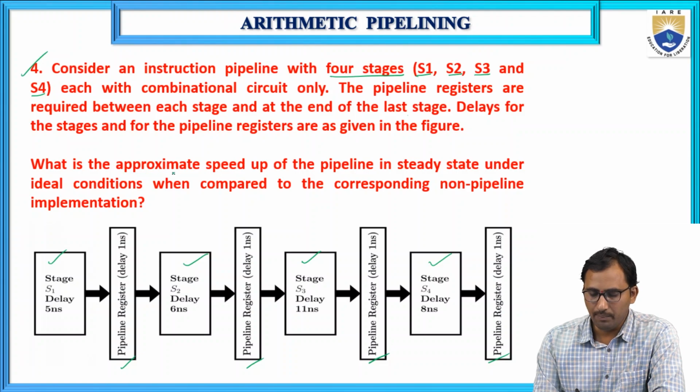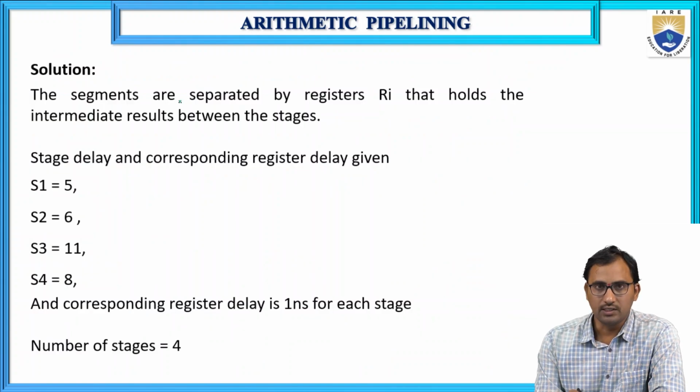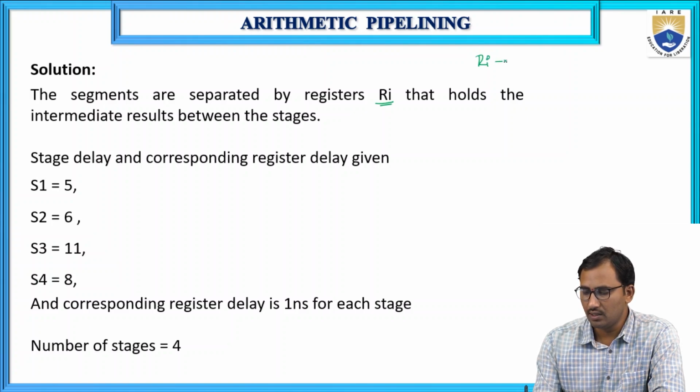So what is the approximate speed up of the pipeline in steady state under ideal conditions when compared to the corresponding non-pipeline implementation? So we need to determine approximate speed up factor. So the segments are separated by the registers that hold the intermediate results between the stages.